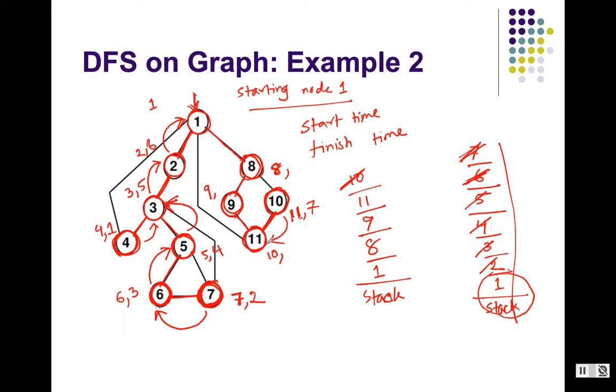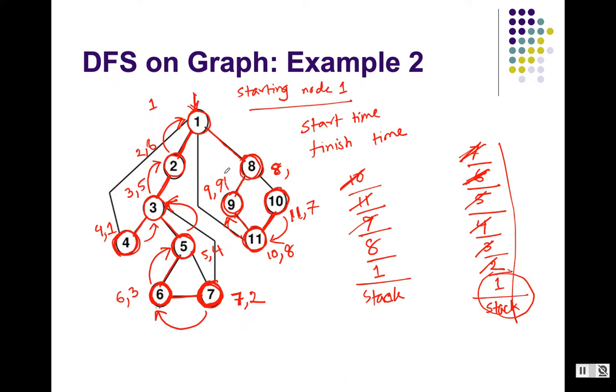From 11 also there is no other node to explore, so we'll pop node 11. Before backtracking to node 9 we'll update the finish time, which will be 8. From 9 there is also no other node to explore, so we'll pop the node and update the finish time, which will be 9.